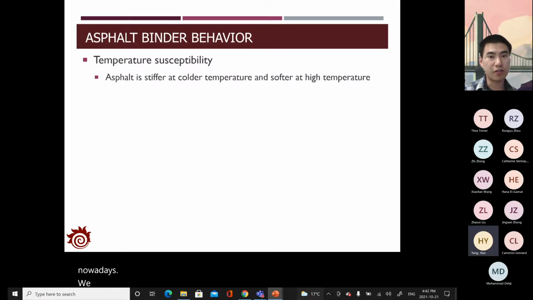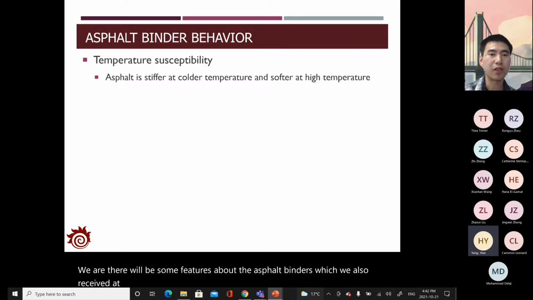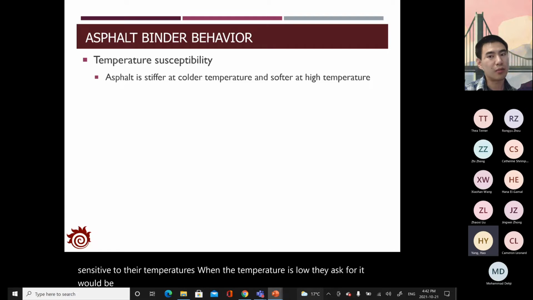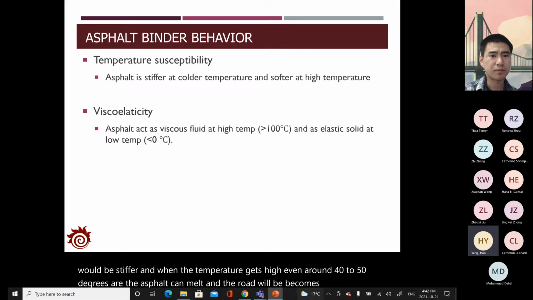There are some features about the asphalt binders, which we say are the asphalt layers for the pavement. Usually the asphalt is very sensitive to temperatures. When the temperature is low, the asphalt would be stiffer, and when the temperature gets high, even around 40 to 50 degrees, the asphalt can melt and the road will become very soft.